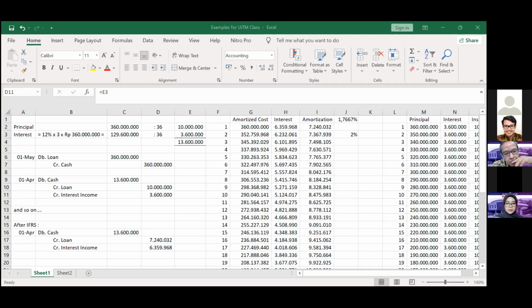IFRS 9, and in Indonesia PSAK 71, and PSAK 55 of 2010, regulate the hedging transaction very extensively. A lot of paragraphs there regulate the hedging transaction.